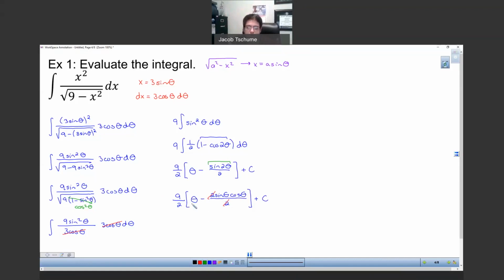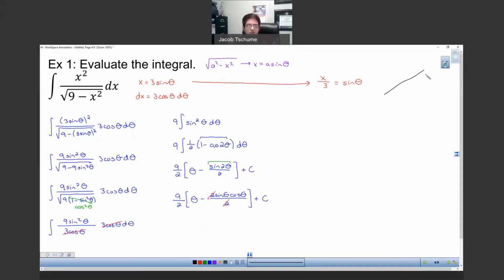But the question is, what do all of these values equal? Well, if you take your original trig sub, x equals 3 sine theta, we could solve for the trig function in that problem, and we could say that x over 3 is equal to sine theta.